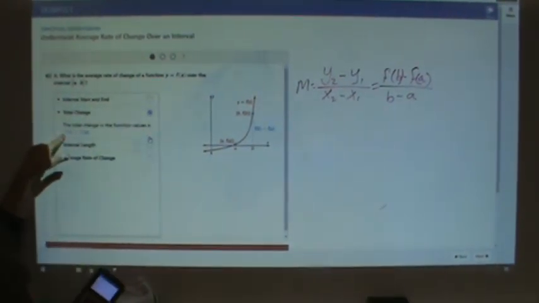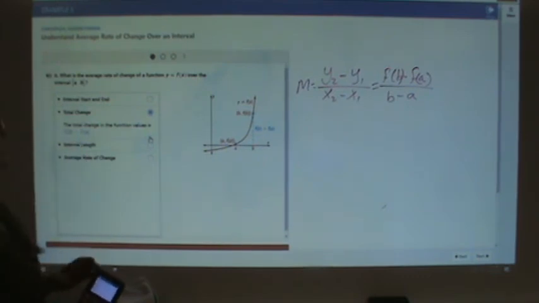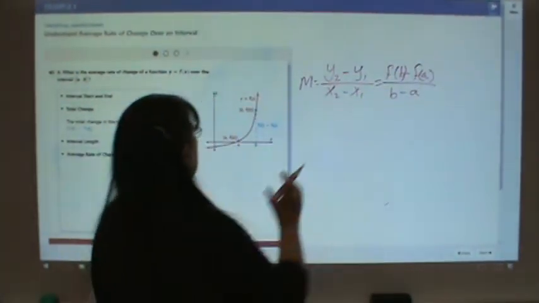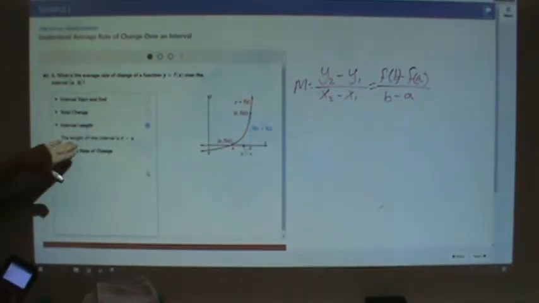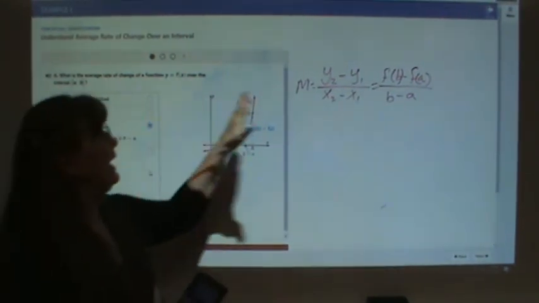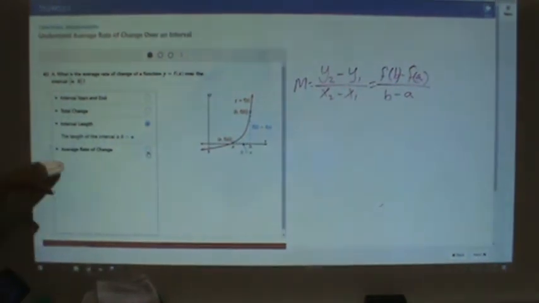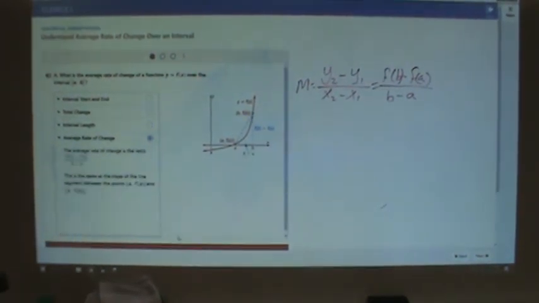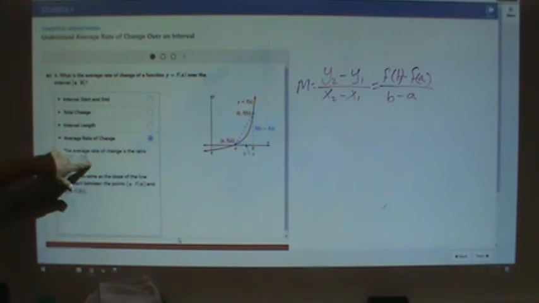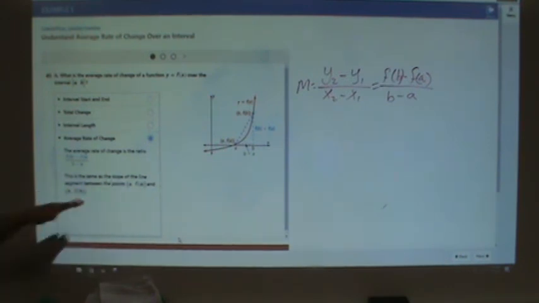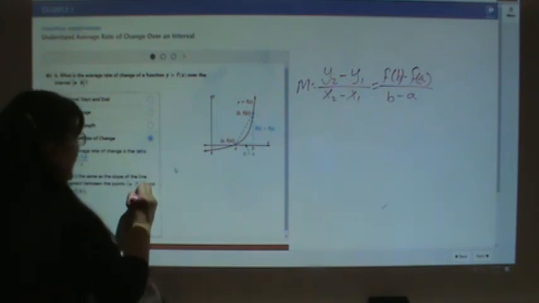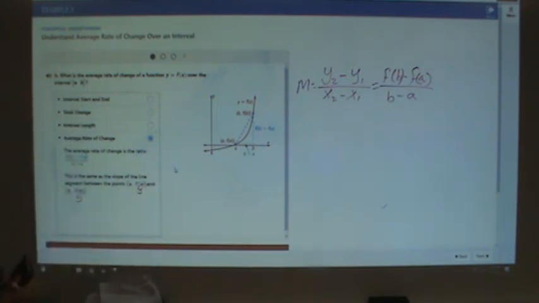Total change is f of b minus f of a. That's this part right here. The length of the interval is b minus a. That would be this part down here. So the average rate of change is f of b minus f of a over b minus a. This is the same as the slope of the line segment between the two points, a, f of a and b, f of b. Remember, these are y values. Okay, go ahead and hit that.